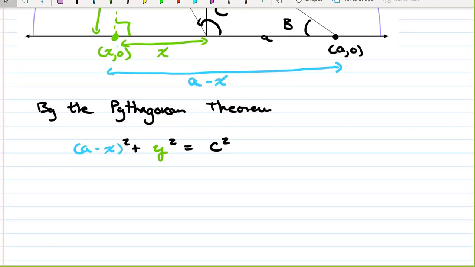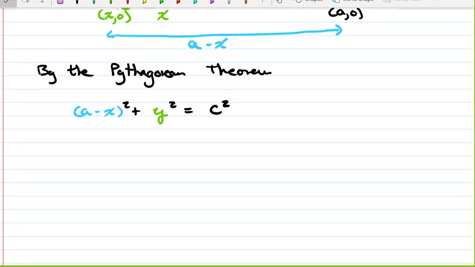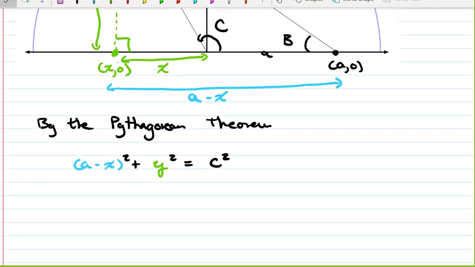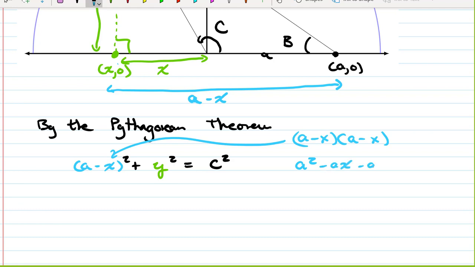Then we can expand this. (a minus x) squared is (a minus x) times (a minus x), so that's a squared minus ax minus ax plus x squared.